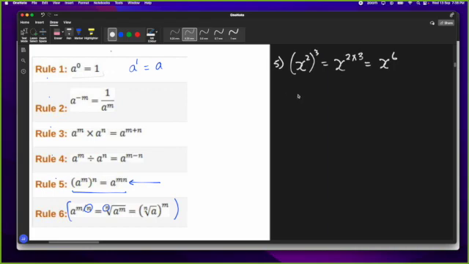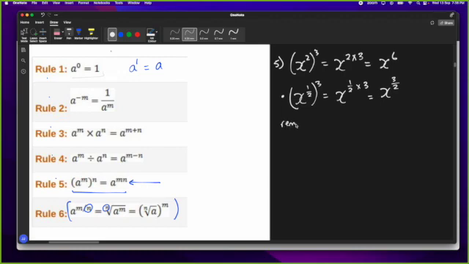So when you add fractions, I'll do the next example here. For example, if I have x to the half, all to the power of 3, that is equal to x to the half times 3. So therefore, that is equal to x to the 3 on 2.